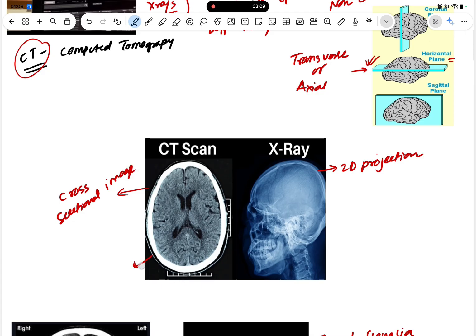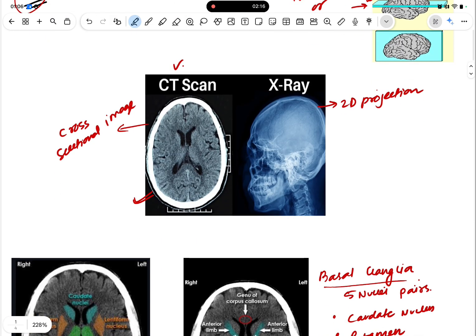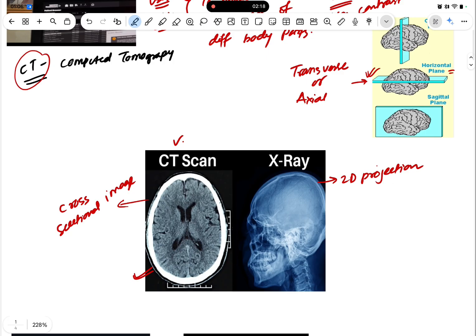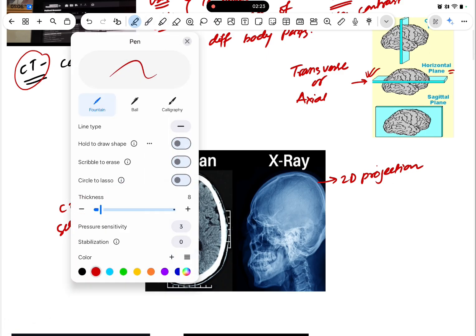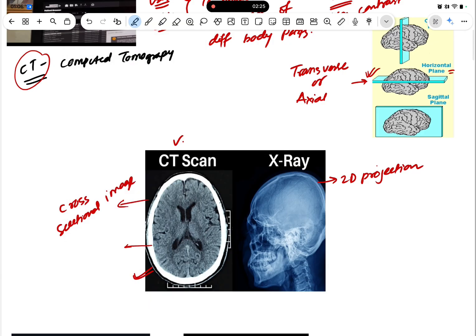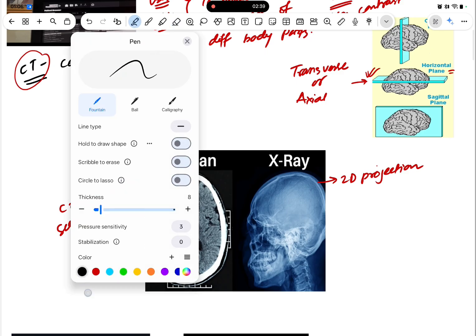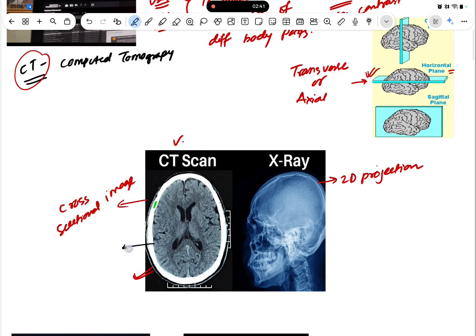So this is a transverse section or axial plane of brain. So what are the structures we can see? This white is the hyperdense region. It is the skull.